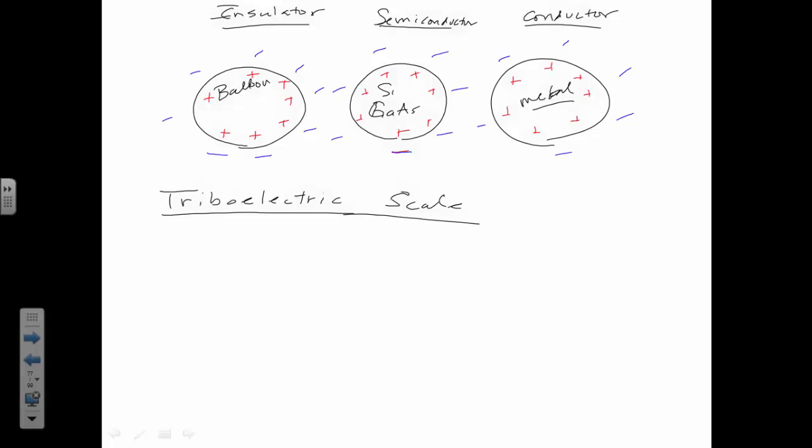If you put two things at opposite ends of the triboelectric scale and rub them against each other, one of them tends to let its electrons go and the other pulls them. You take them apart, and all of a sudden one thing is out of balance, although they were in balance to begin with, like a glass rod on a rabbit skin, which is why I have those rabbit skins up there.